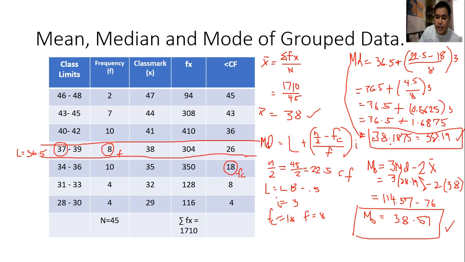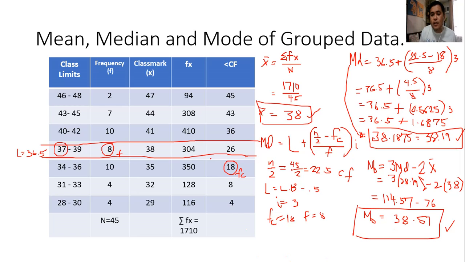And then, of course, we have your mean. Okay, that is how easy we compute for the mean, the median, and the mode of a group data. So first, you have to construct a table, complete the table. The most important part are class mark, and then find the product of the frequency and the class mark, the cumulative frequency.